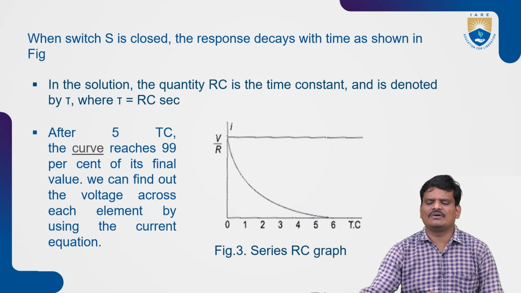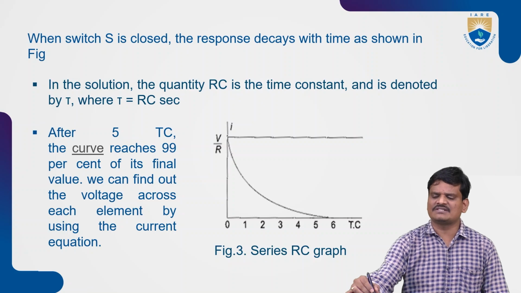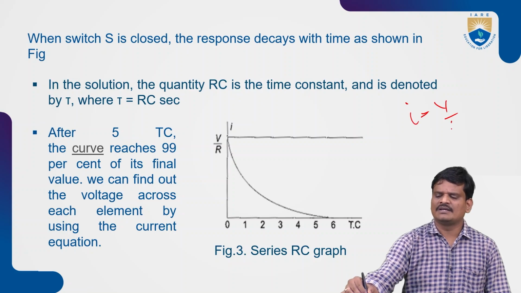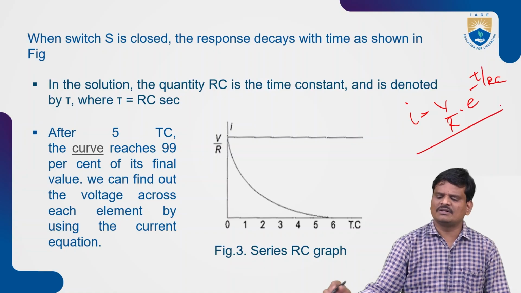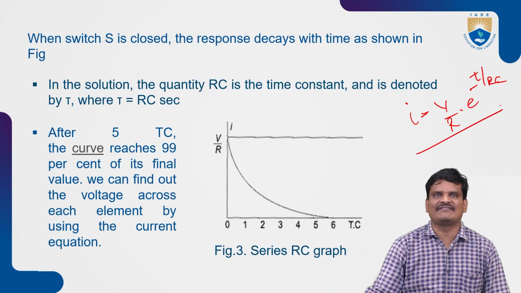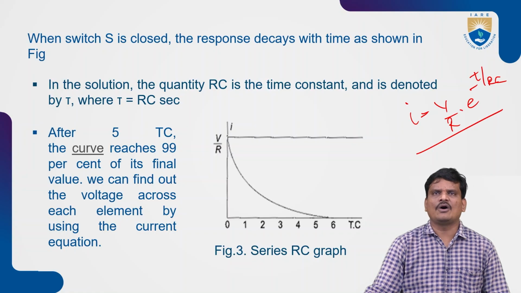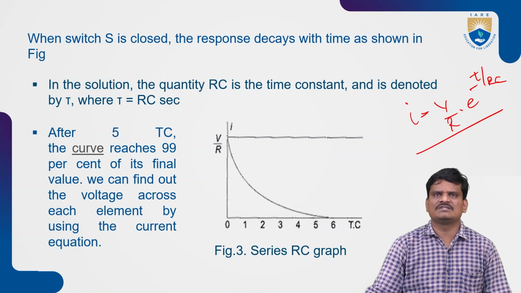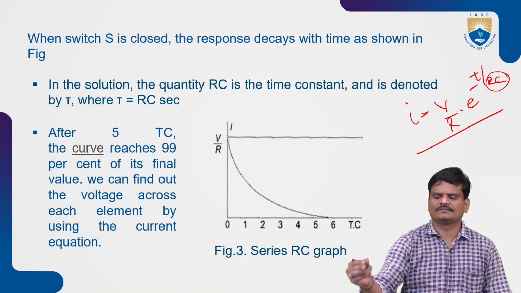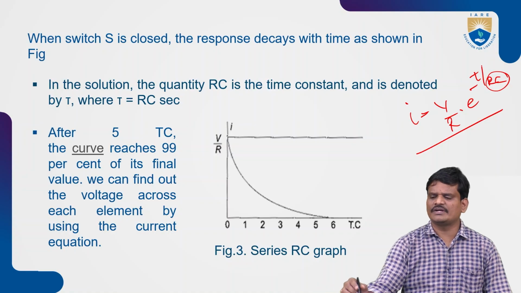Now I want to draw the graphical representation of this exponential factor which I got, e to the power of minus t by RC. If I want to represent the same thing in the form of a graph, how that response is going to be obtained, I want to represent with respect to different time constants. So in this solution, the quantity RC is constant and is denoted by what?